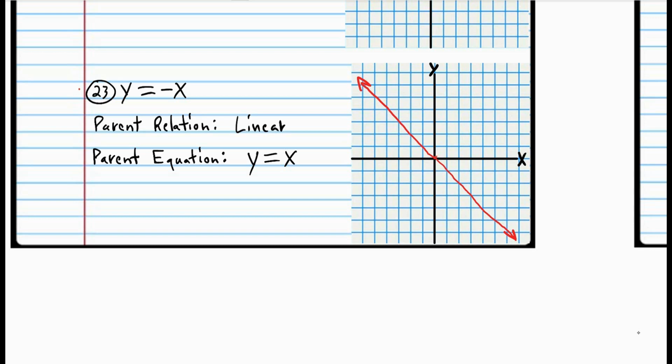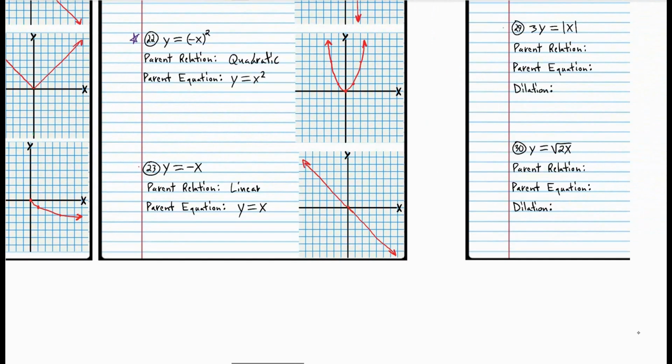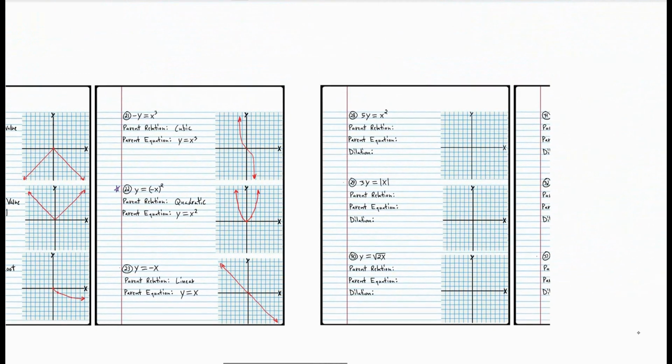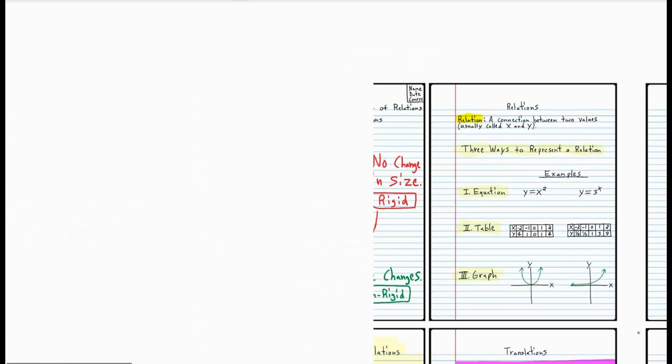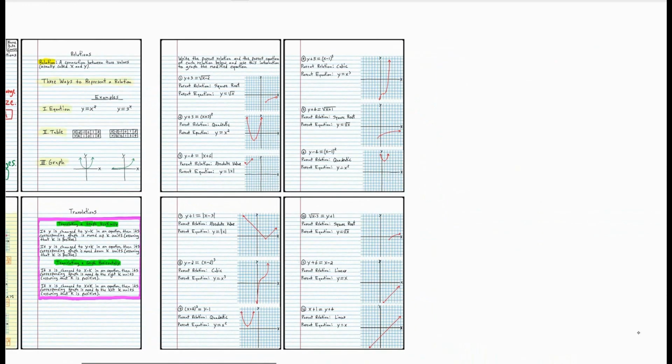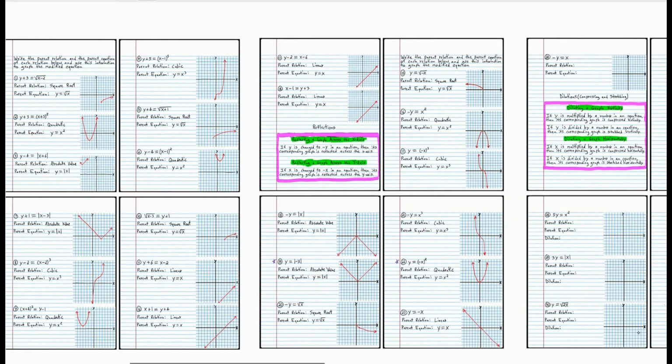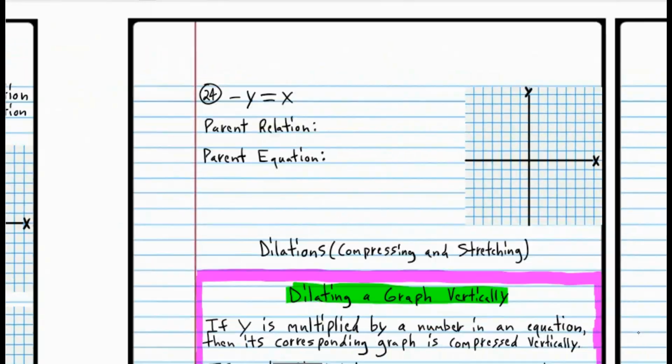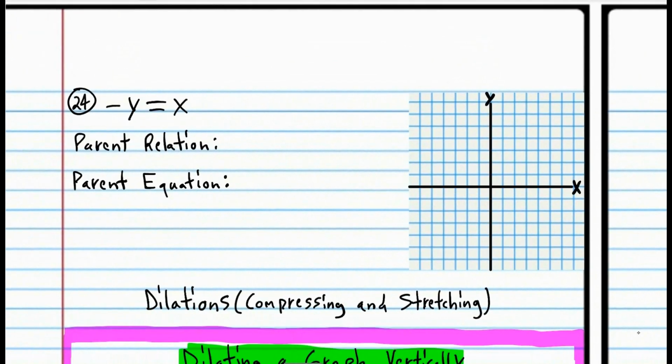And you can plot those points just using that equation. So that graph doesn't look perfect, but you get the point. Okay, I want you to try number 24. And when you come back, we'll do it together.